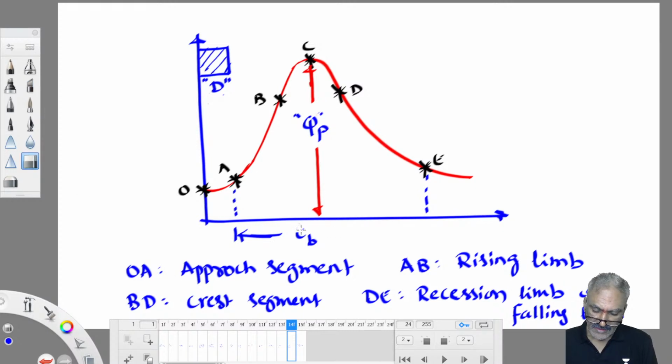We call it TB, base time or time base. It's called TB.